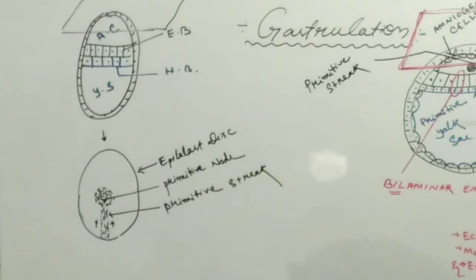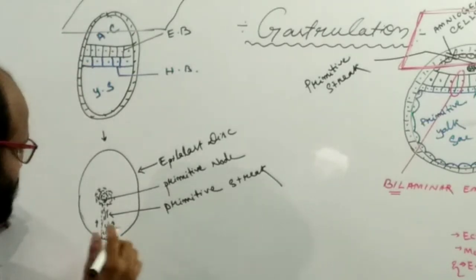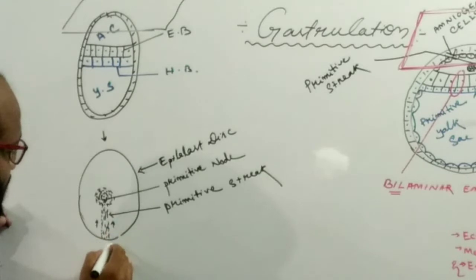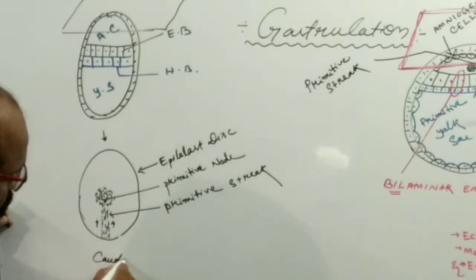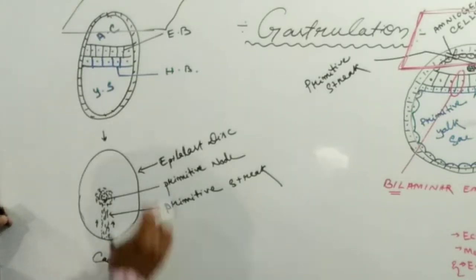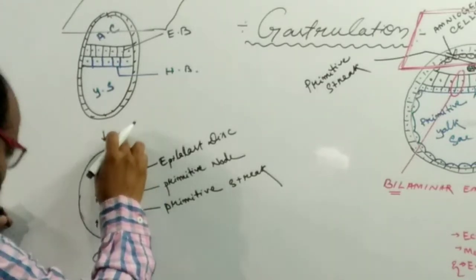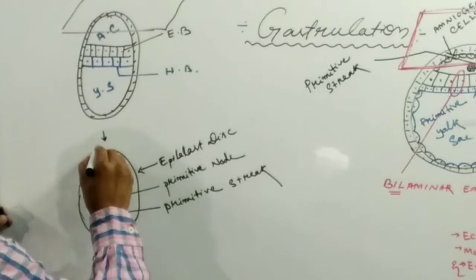After the formation of the primitive streak, the pole from where the primitive streak starts to appear is known as the caudal or tail region, and opposite to the caudal region is the cephalic region.